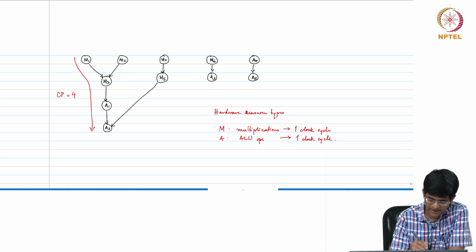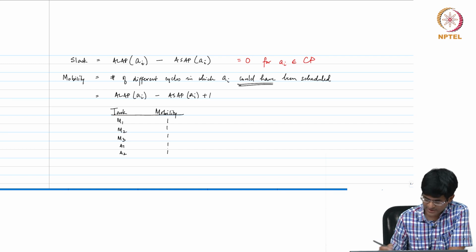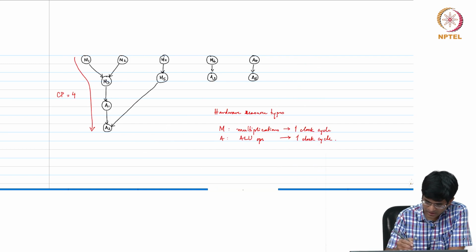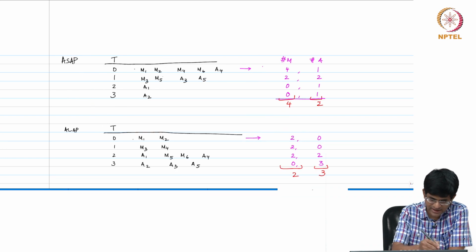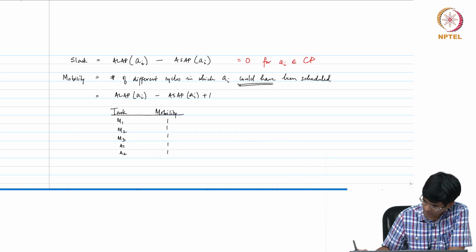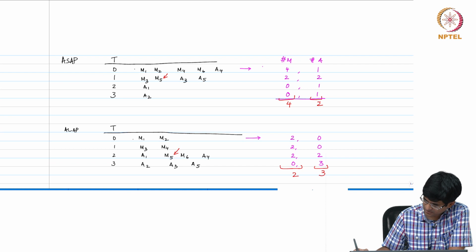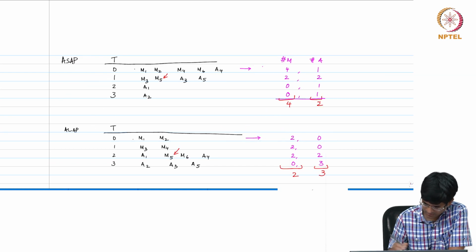So M1, M2, M3, A1 and A2 all have mobility values equal to 1. They can only be scheduled in one clock cycle. M5 could either be scheduled in clock cycle number 1, as you see in the ASAP schedule, or in clock cycle number 2 in the ALAP schedule. So it has a mobility of 2, that is M5. Okay. And similarly for M4 as well, M4 and M5 both have that same property.